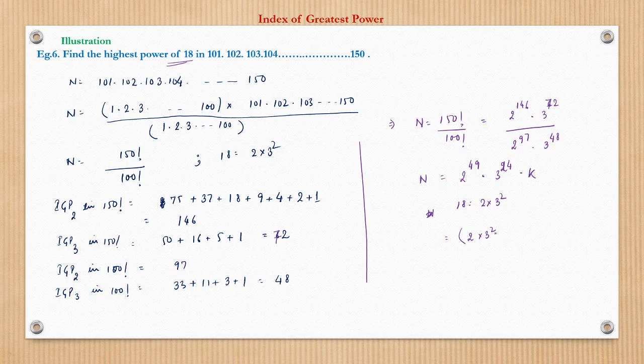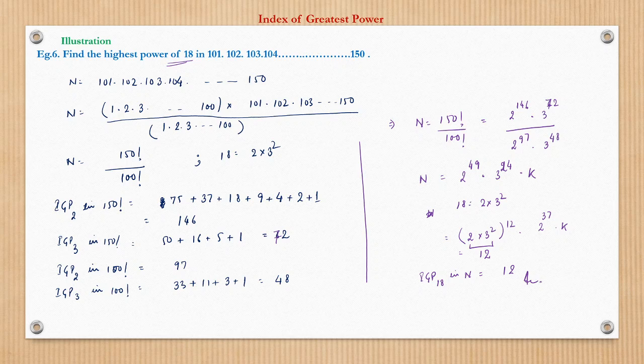So 3 can have a maximum power of 12 here, so the maximum power which it can take is 12 now. 18 can take a maximum of 12, right? So the IGP of 18 in n is nothing but 12. This should be the answer.